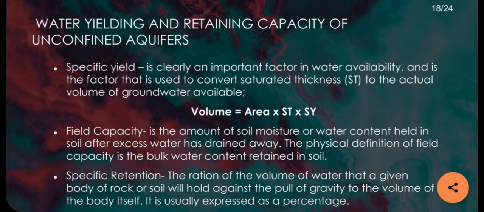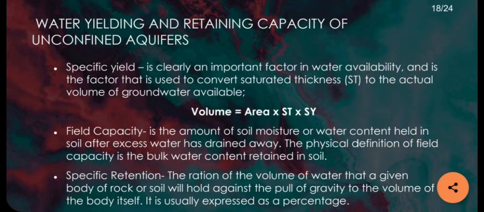So the formula is volume equals area times saturated thickness (ST) times specific yield (SY). So specific yield is the water removed from a unit volume of aquifer by pumping or drainage, and it is expressed as a percentage volume of aquifer.